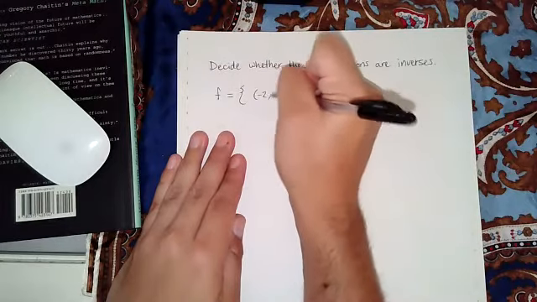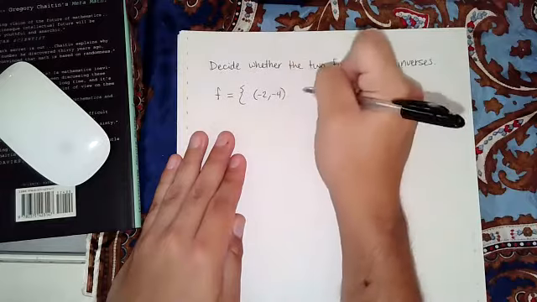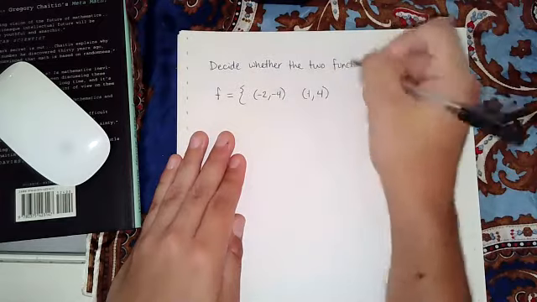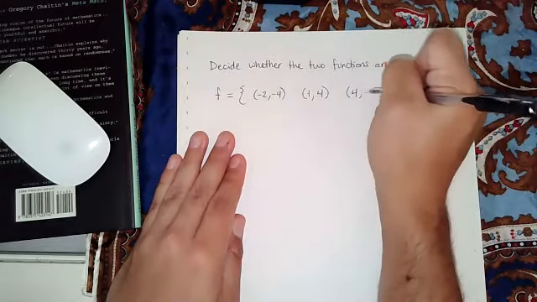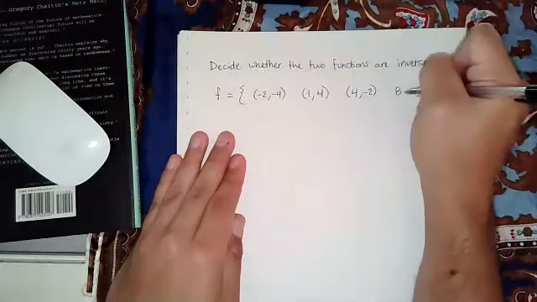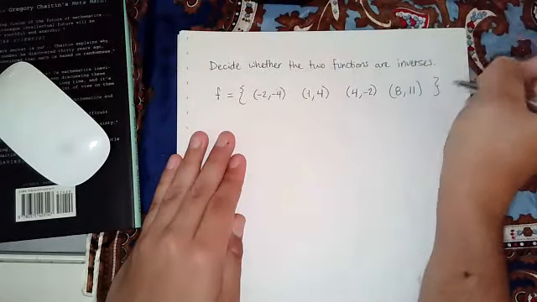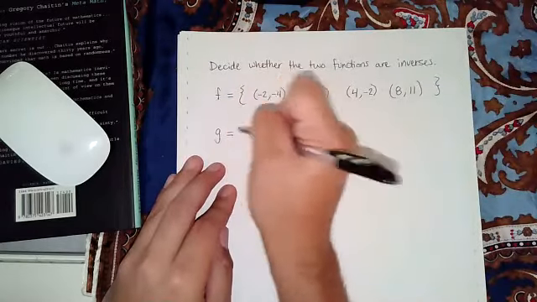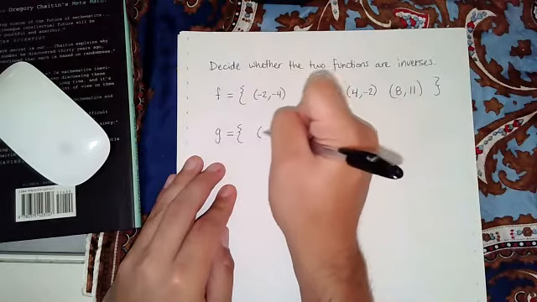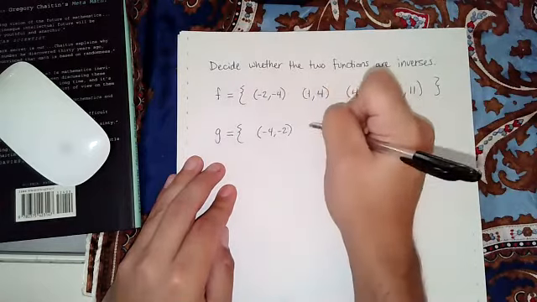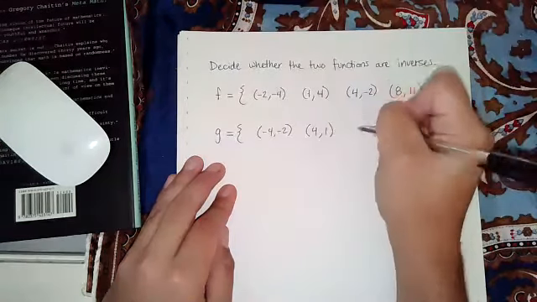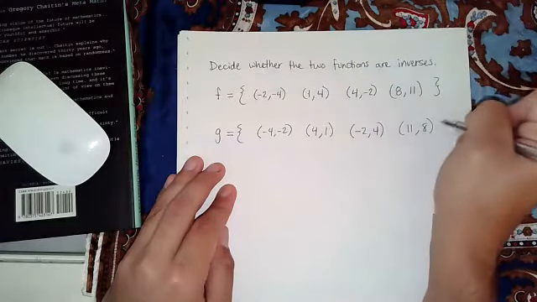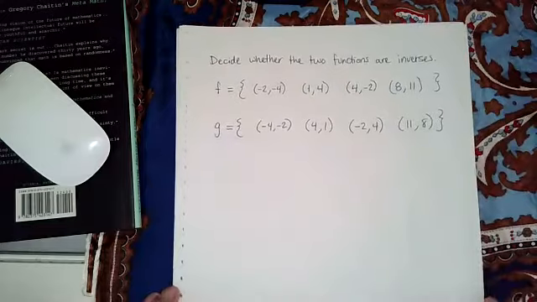I'm going with (-2, -4), (1, 4), (4, -2), (8, 11). Okay, so those are the ordered pairs in the function that I'm calling f. And then g is the set of ordered pairs (-4, -2), (4, 1), (-2, 4), (11, 8). Are these two functions, f and g, inverses?